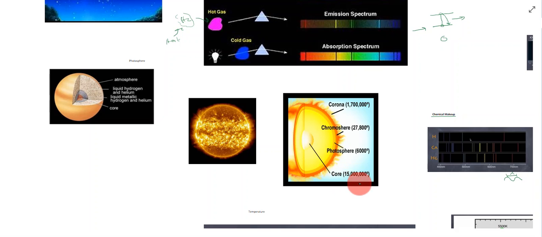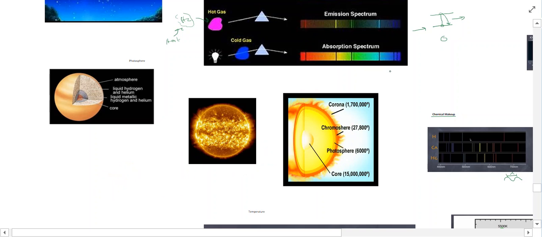So remember, 100 degrees is like a boiling kettle if we look at the temperature in comparison to that. And what happens then is, if you look at these different layers, you have this layer here, which is known as the photosphere, and then outside that you have the chromosphere.